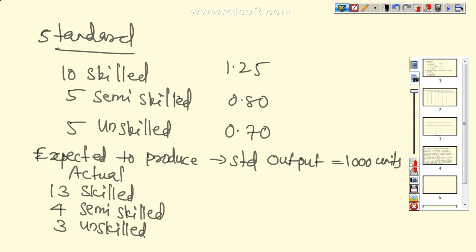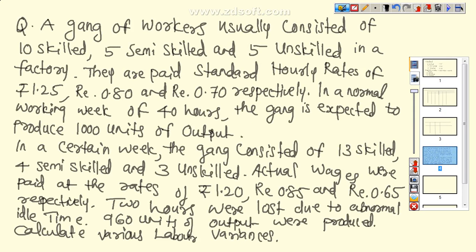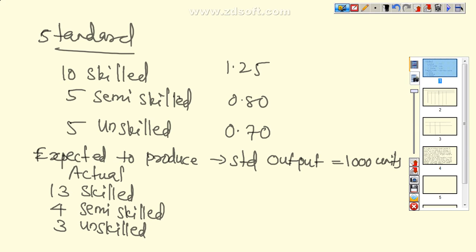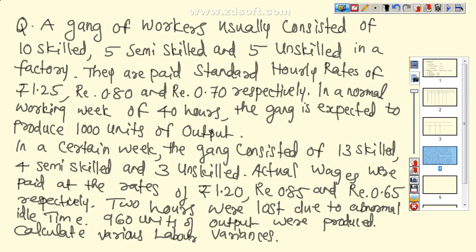Here also the rates are given: 1.20, 0.85 and 0.65. And 2 hours were lost due to abnormal idle time.